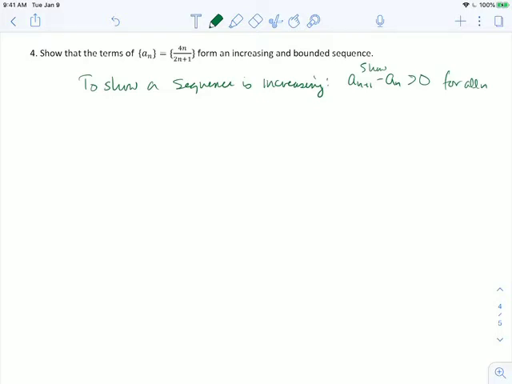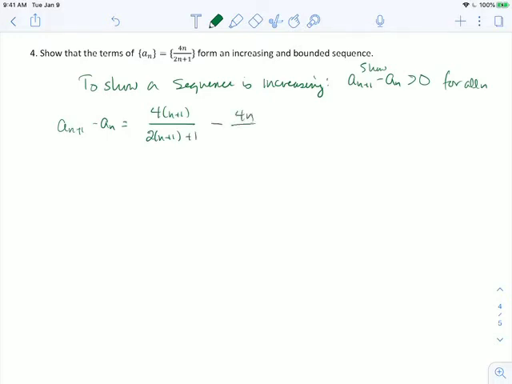So let's look at a sub n plus 1 minus a sub n. So this is, remember, to find a sub n plus 1, I'm going to replace n with n plus 1. And so I've got 4 times n plus 1 over 2 times n plus 1 plus 1.